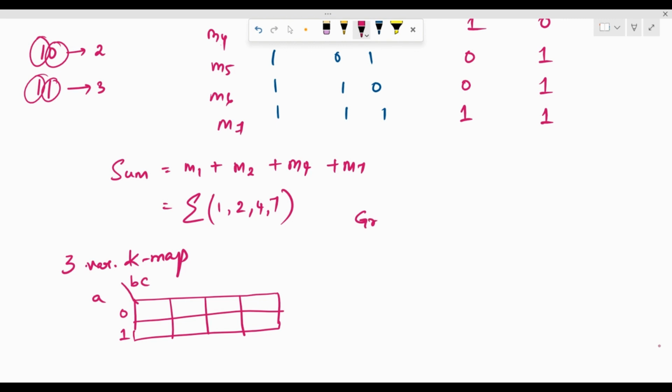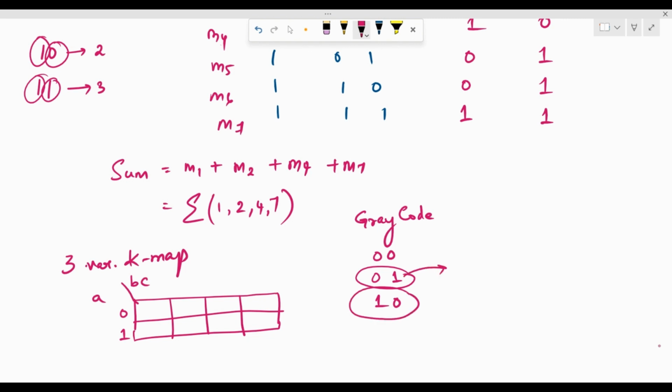Now, gray code is nothing but this special code where one number and the next number differ from each other by just one bit. So 0, 0, the next could be 0, 1. The next one cannot be 1, 0, because if you see the difference between this number and this number, both the bits are changing at the same time.